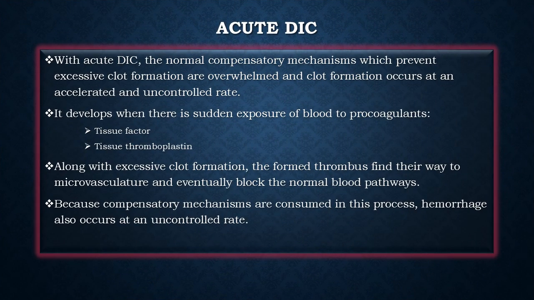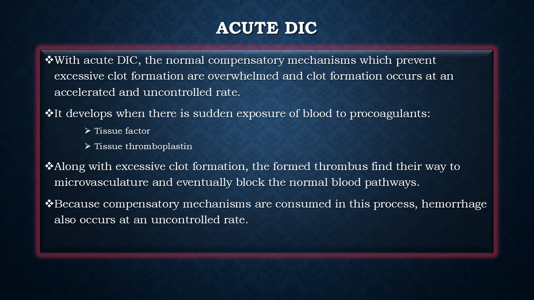There are two different types of DIC. One is acute and the other is chronic. With acute DIC, the normal compensatory mechanisms which prevent excessive clot formation are overwhelmed and clot formation occurs at an accelerated and uncontrolled rate. It develops when there is a sudden exposure of blood to procoagulants such as tissue factor and tissue thromboplastin.